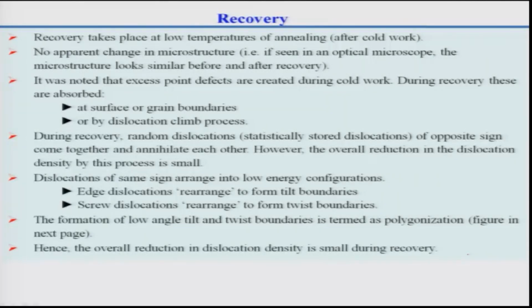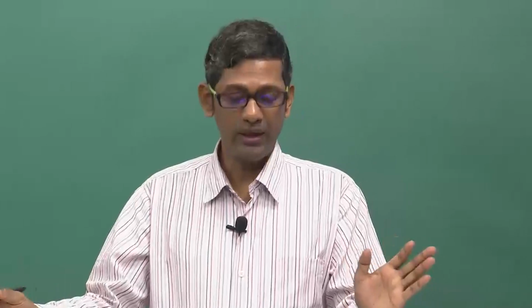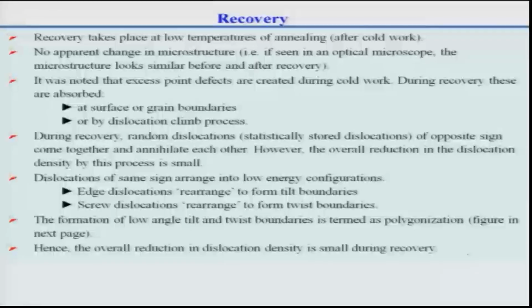Dislocations can move by gliding on a slip plane, or they can climb because of diffusional processes, as you have probably studied in mechanical metallurgy. But forget about it if you do not understand; these point defects, or even the dislocations which are line defects, can get absorbed at the surface of grain boundaries.